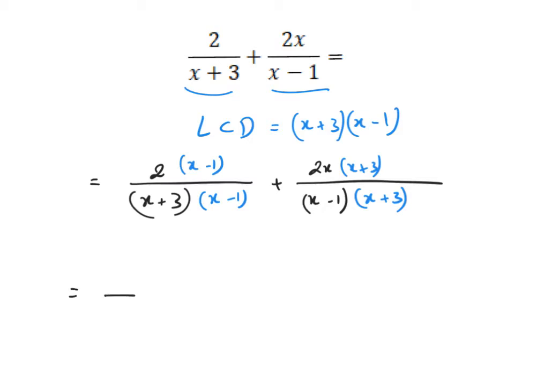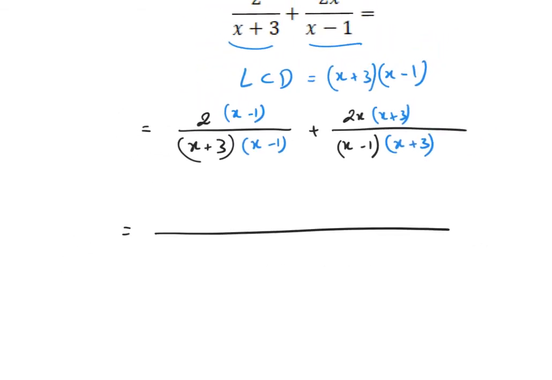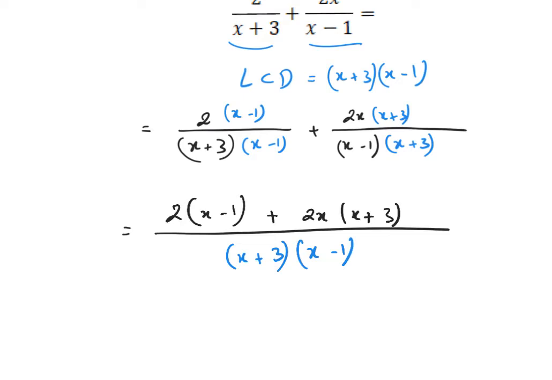Here we have my new common denominator, the least common denominator, which is (x + 3)(x - 1). We combine the numerators on the top, so it's going to be 2 times (x - 1) plus 2x times (x + 3).